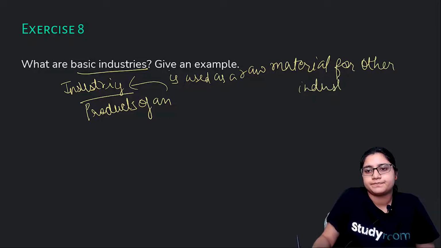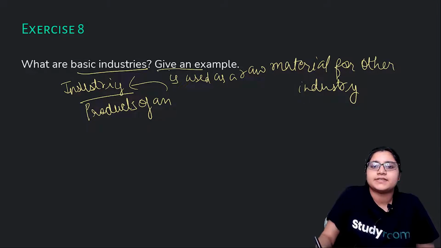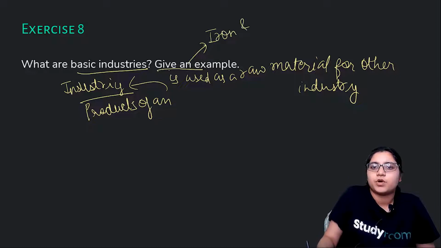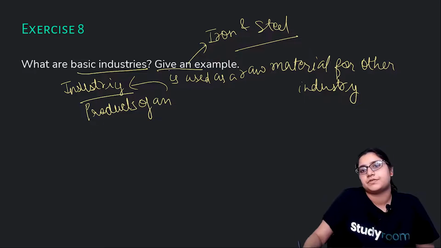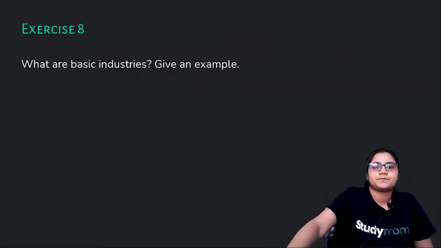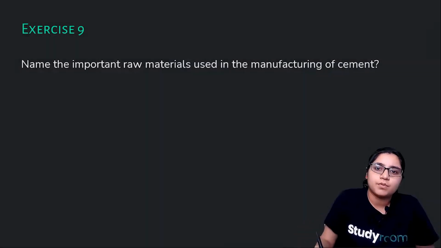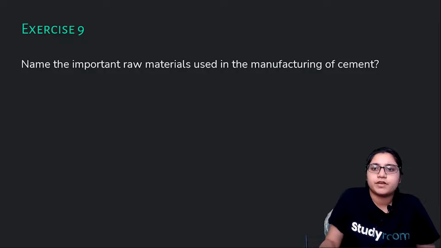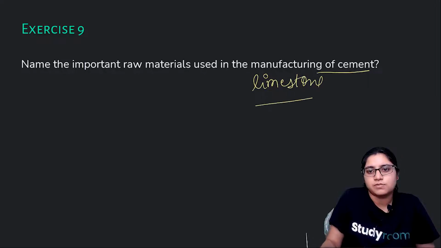Alright, any doubts? Give an example. It is definitely iron and steel. We've already discussed it in detail. Now name the important material used in the manufacturing of cement, that is limestone. We have done it as a multiple choice question also, objective type.